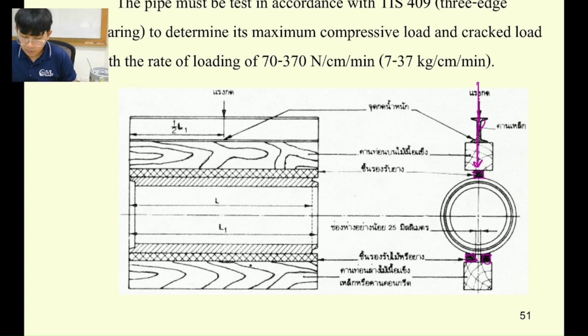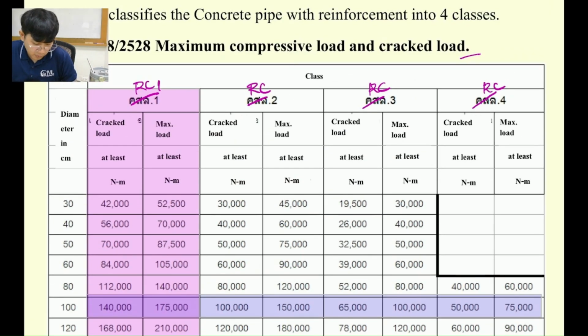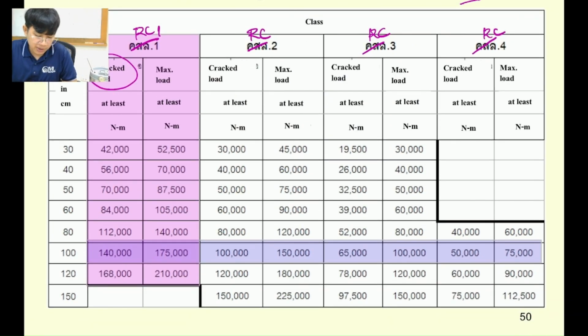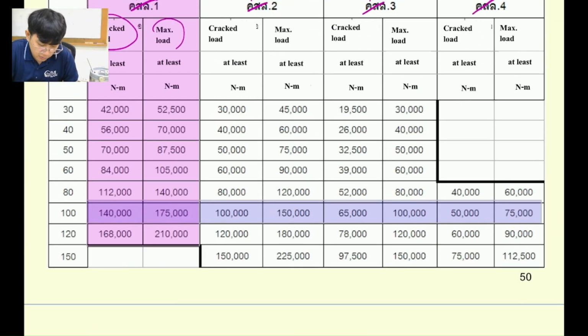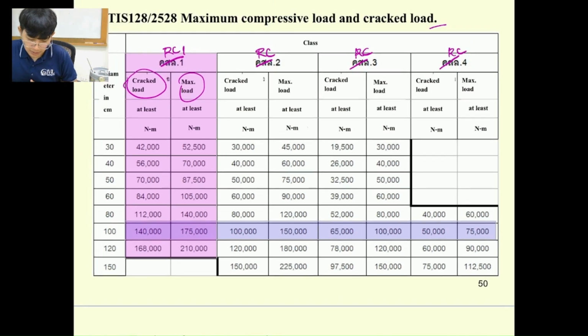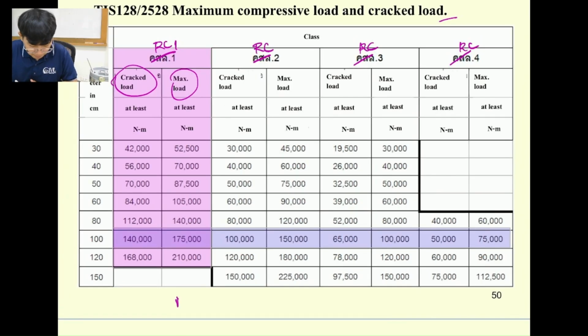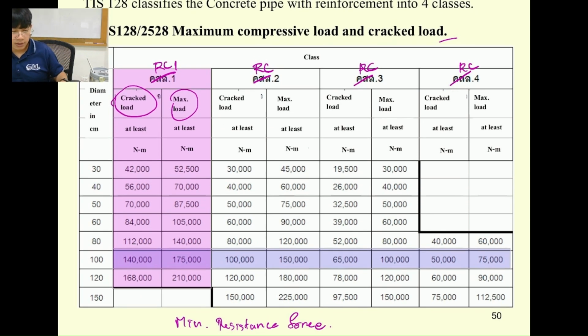Okay, when the load is applied, we measure when it cracks, and then after it fails we measure the maximum load over here. Okay, so these are the minimum resistance force for the concrete pipe over here.